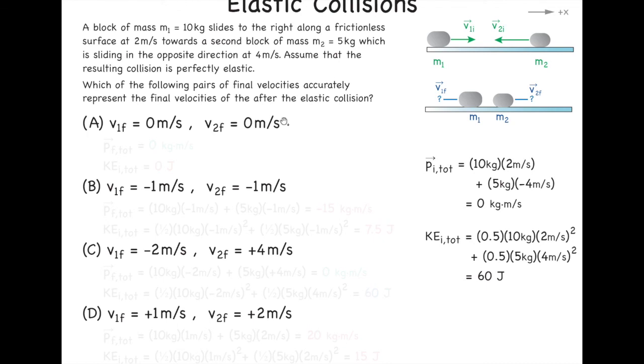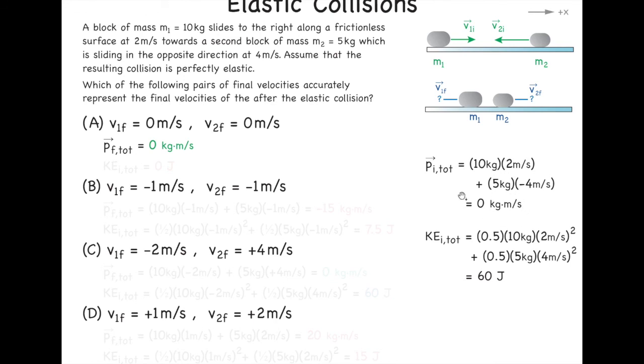So now let's go back to our 4 choices for answers. If we look at the first choice, the total momentum of this option is 0 kilograms meter per second, right? Because the final velocity of this first one and the final velocity of the second one are both hypothesized to be 0. And in this case, the total momentum would be 0, which matches what we know to be the total initial momentum.